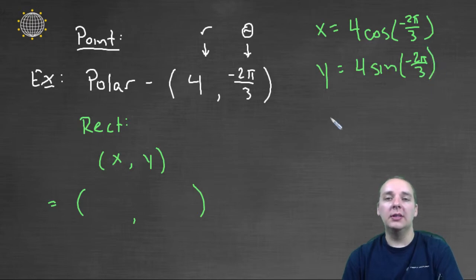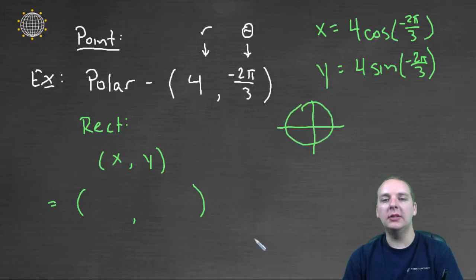All right, so the biggest thing I have to do now is just remember where negative 2 pi over 3 is. So let's think about this. Positive 2 pi over 3 from the positive x-axis would be right about here. But on the other hand, negative 2 pi over 3 would be right here, which has the same terminal angle as 4 pi over 3.